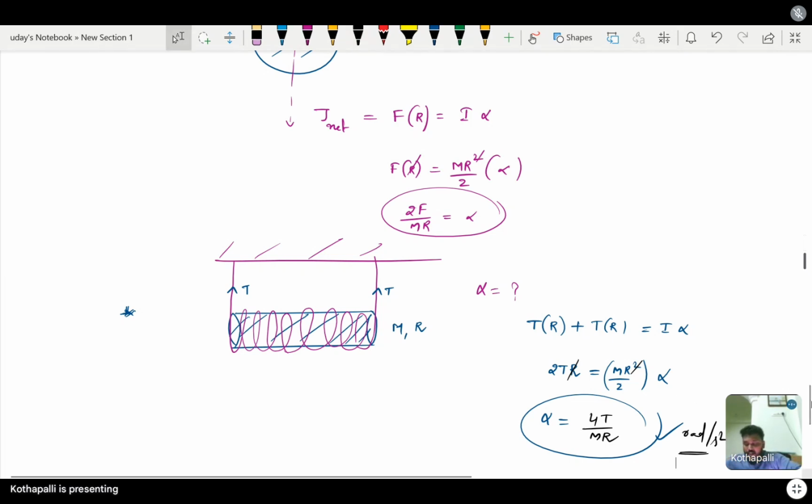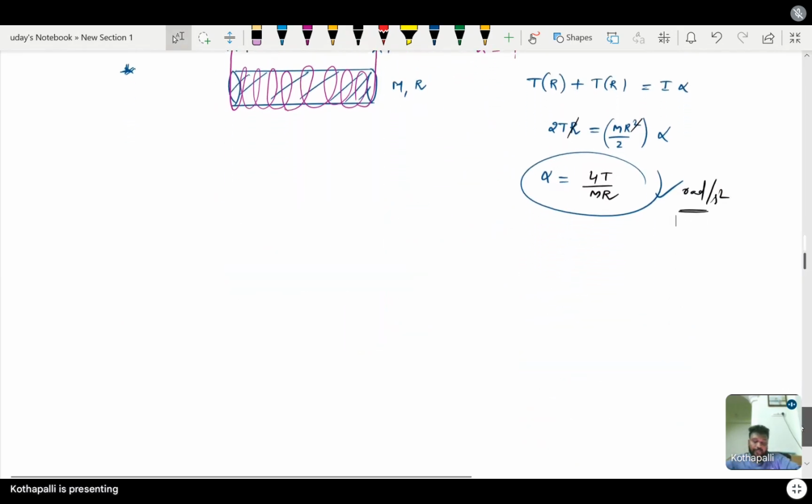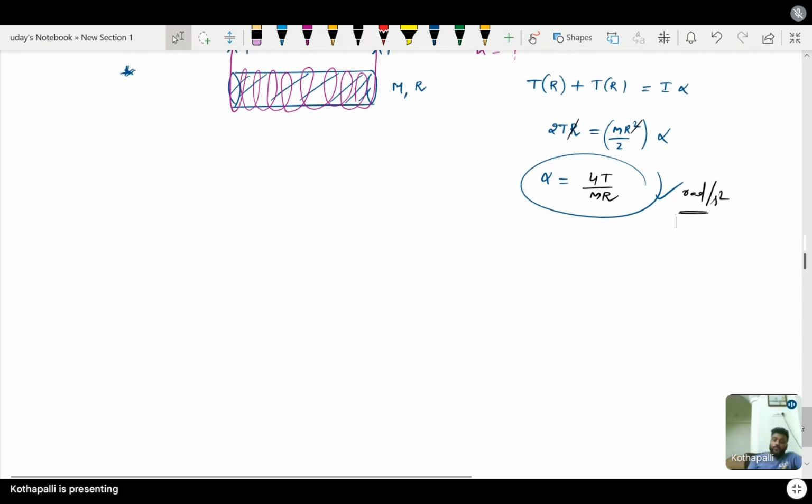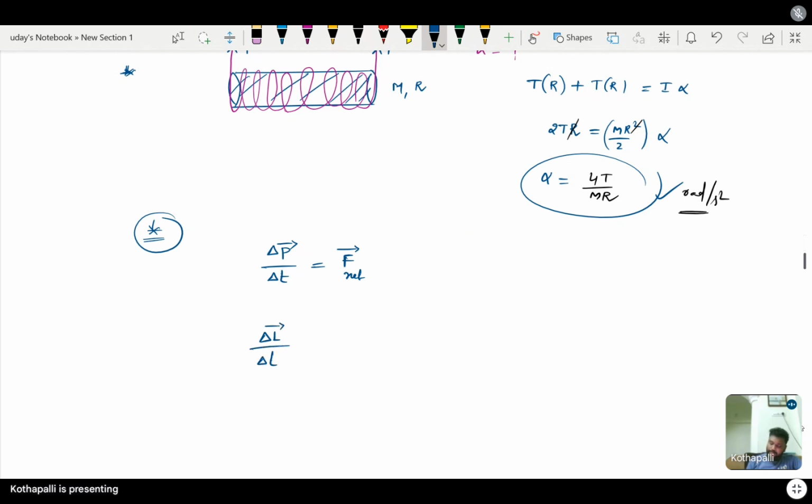Now, finally, the last point of the day. As we know, in Newton's laws of motion, we studied that the rate of change of linear momentum with respect to time is always equal to net force. You remember Newton's second law? Exactly, the rate of change of angular momentum is always equal to net torque.